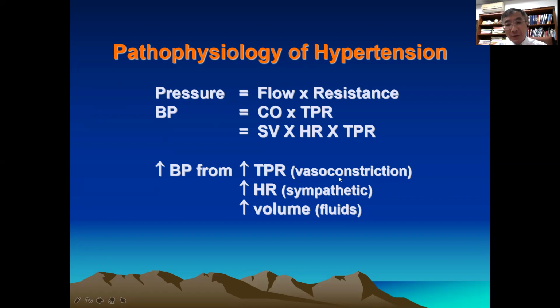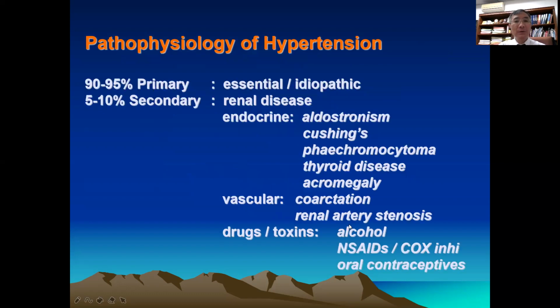There is some degree of vasoconstriction, not enough relaxation of the blood vessels. Sympathetic stimulation is not so well tolerated, and there is some degree of fluid retention. So hypertension then is more common in the older age group. As to which particular cause is dominant or important, it is very difficult to work out in the majority.